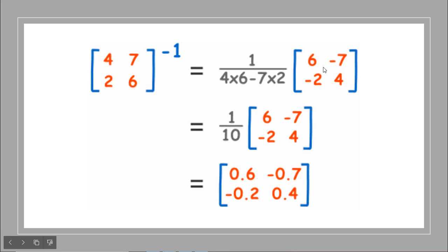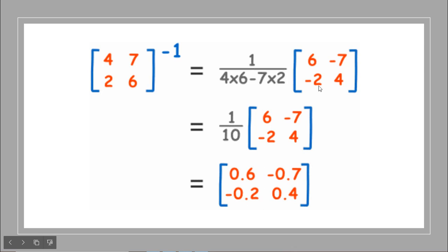And the second is you will change the sign of 7 and 2. You will not change the position of 7 and 2, you will just change the sign. Since it is +7, after changing the sign it will be -7, and it is +2, after changing the sign it will be -2.